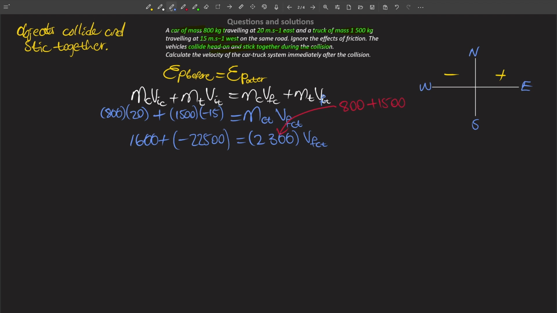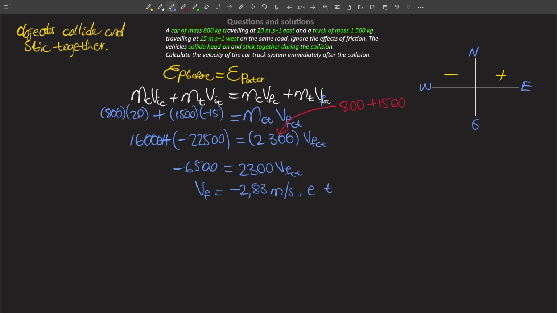So let's go back to our problem. 16,000 subtracting 22,500 is minus 6,500, which is equivalent to 2,300 times the final velocity, and my final velocity will be minus 2.83 meters per second.